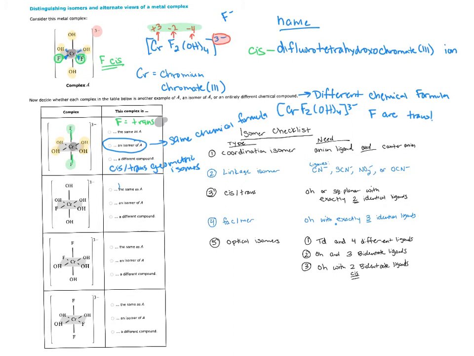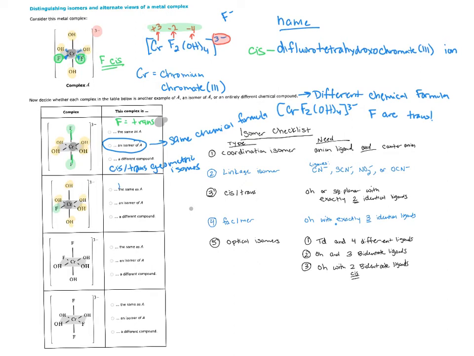Okay, let's go on to the next structure. And I'm going to first just see if all of the atoms are the same. I can see that I do indeed have chromium in the center. I have a fluoro, but I only have 1. And in my complex A, I have 2. And I can see that I have 5 hydroxos. So this is a different chemical formula.